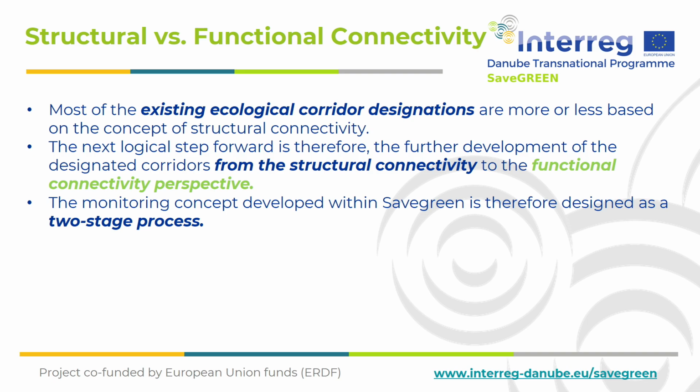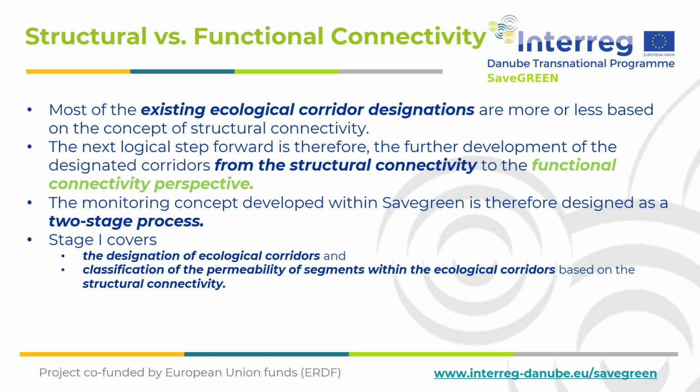If we talk about structural and functional connectivity, most of the existing ecological corridor designations are more or less based on the concept of structural connectivity. So for us, the next logical step in the SaveGREEN project was to develop this from structural connectivity to the functional connectivity perspective. In the SaveGREEN project, the monitoring concept is developed in a two-stage process.